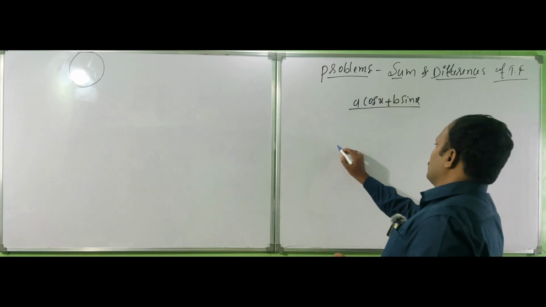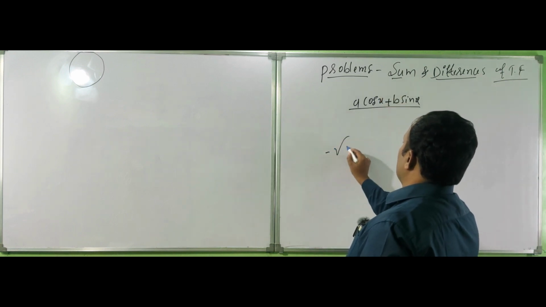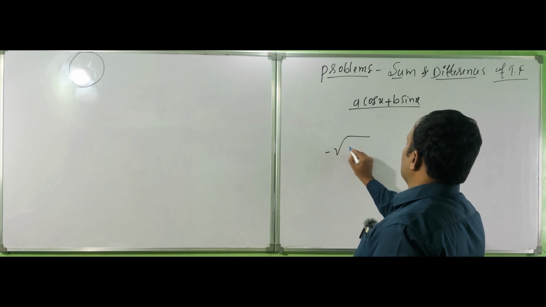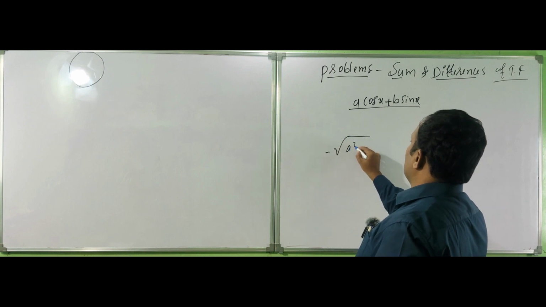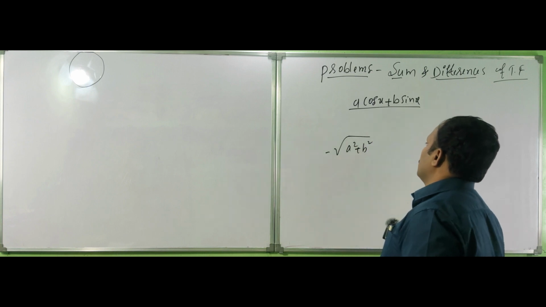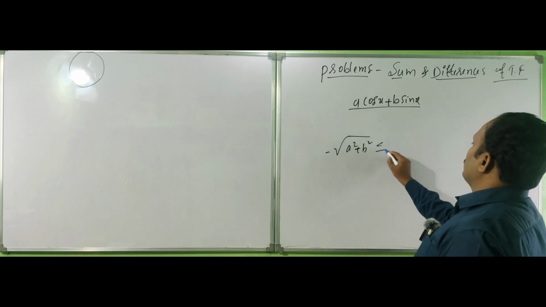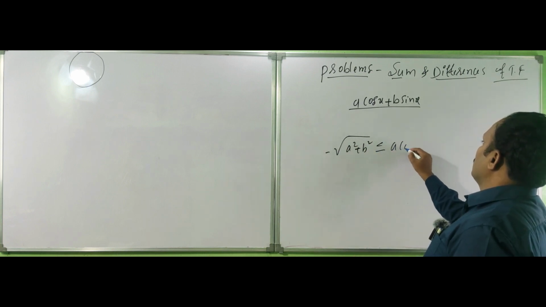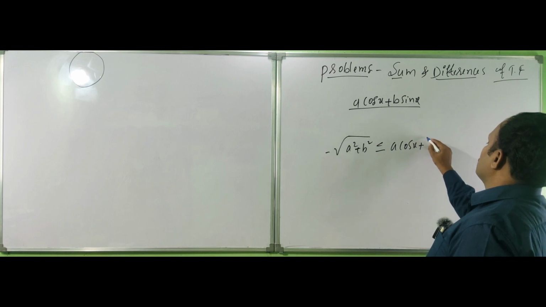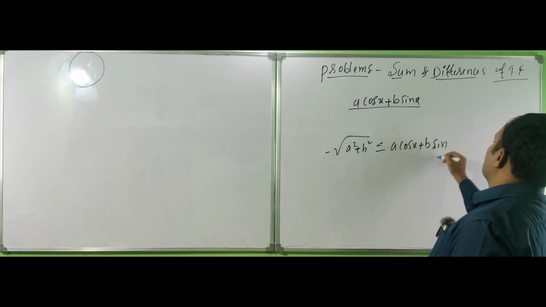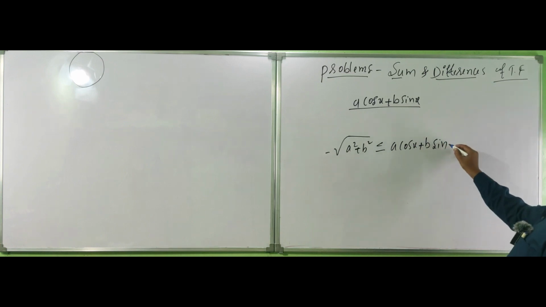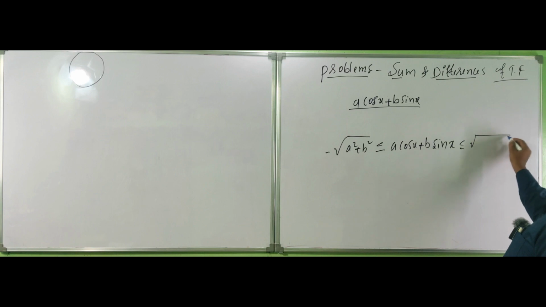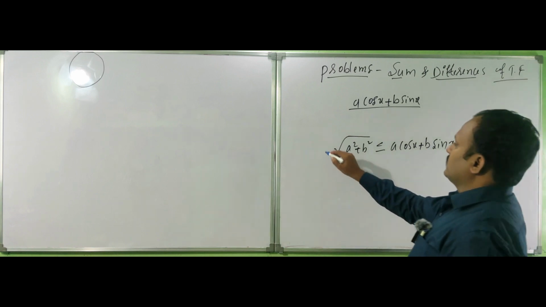So this is: minus square root of a square plus b square is less than or equal to a cos x + b sin x, which is less than or equal to positive square root of a square plus b square.